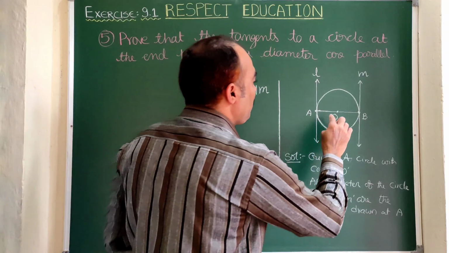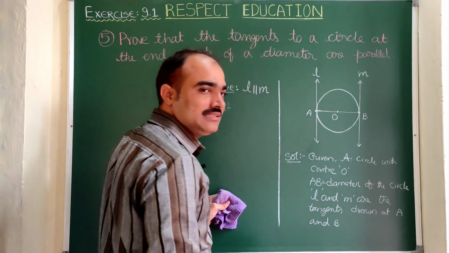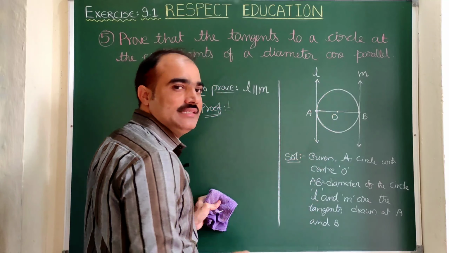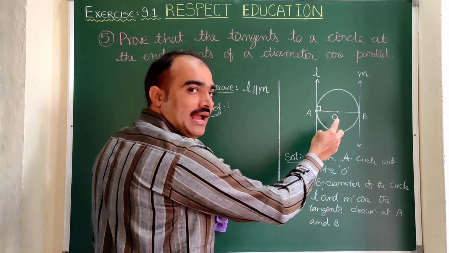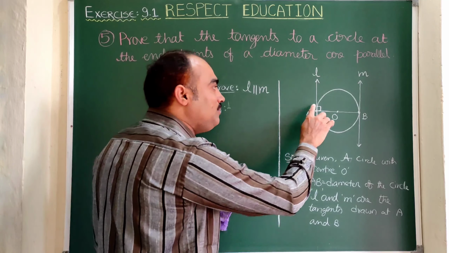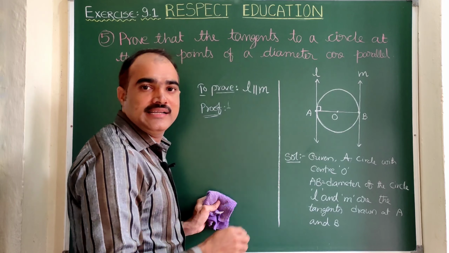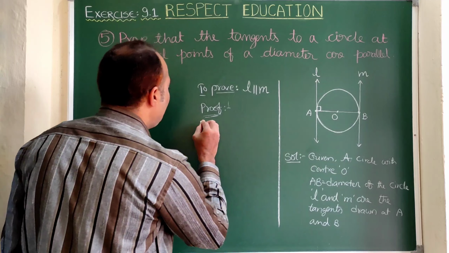So let us see the proof here. Here, as you know, OA is radius and L is tangent. We know that the angle between the radius and the tangent at the point of contact is 90 degrees. So let us write it now.